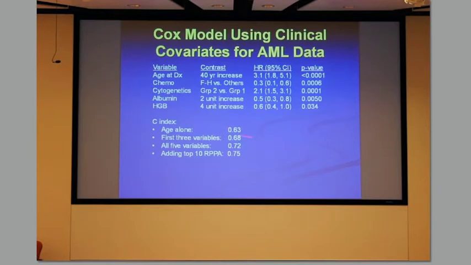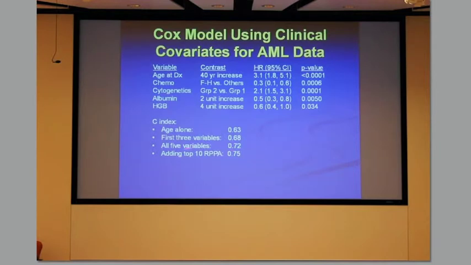So age by itself is 0.63. For the concordance index, the value of 0.5 is for random variability where there's no relationship between the predictions and the observed values. So you're going from 0.5 to 0.63. Then you add the first 3 variables, age, chemotherapy, and cytogenetics, and you increase that to 0.68. You add albumin and hemoglobin to that, so you have all 5 variables, and you increase it to 0.72.